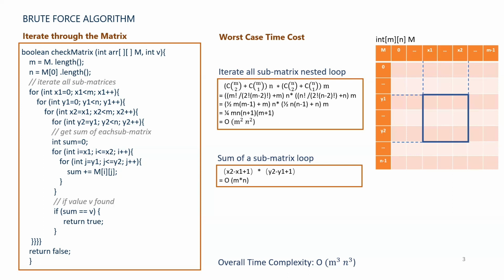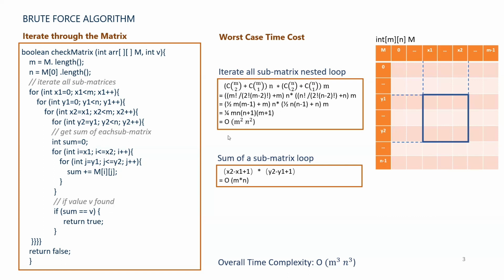If we look at the worst case of this solution, iterating all submatrices with a 4-level nested loop, horizontally it is the combination of choosing 2 from M, which is x1 and x2, plus choosing 1 from M, which is the single cell, times N, because there are N rows. The same idea applies for the vertical side, y1 and y2.